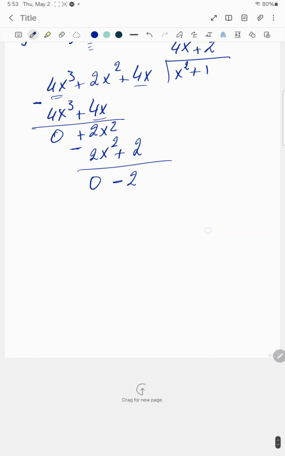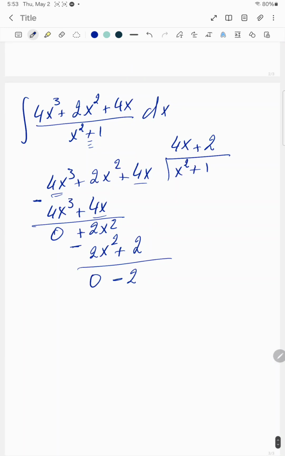So my integral, I can write it like this: the integral of 4x plus 2 minus 2 divided by x squared plus 1 dx.